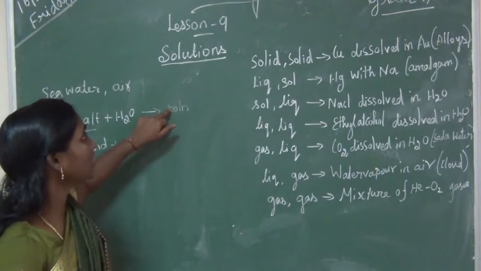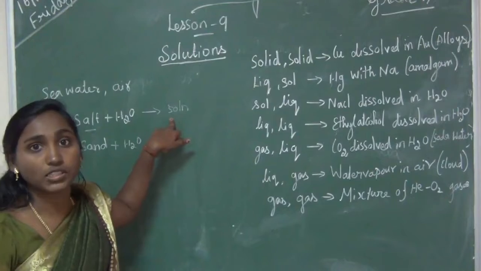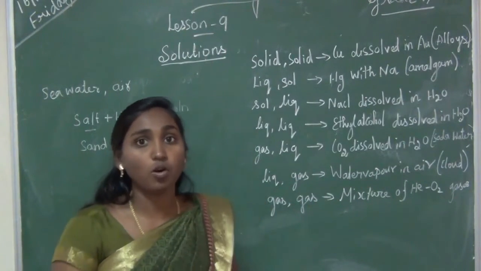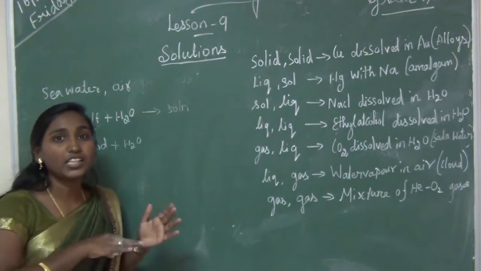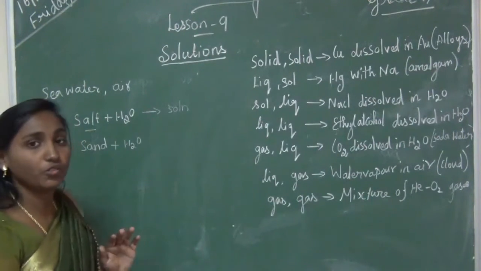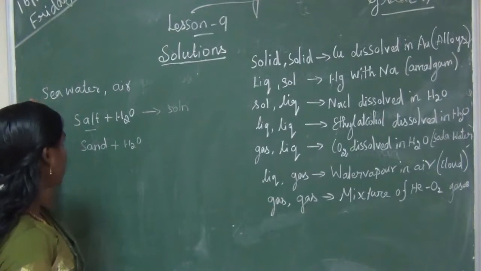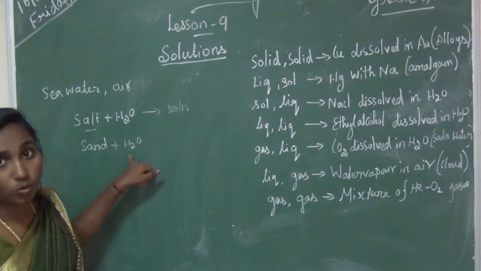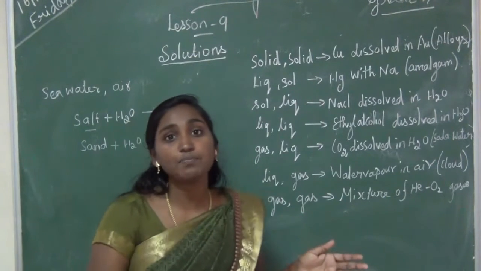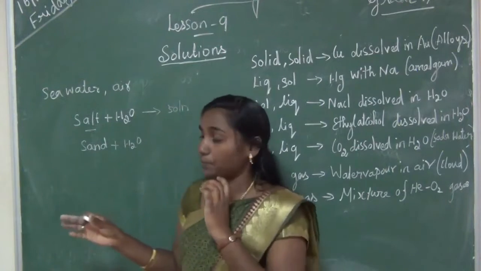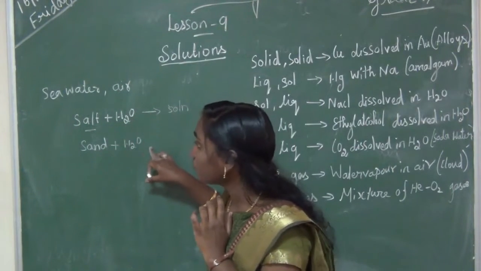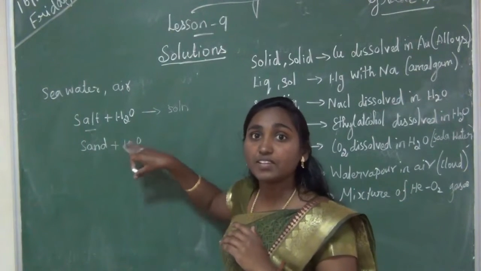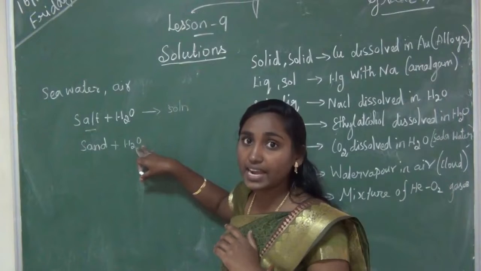This kind of homogeneous mixture is called a solution. Homogeneous means it spreads out uniformly. Which of these two mixtures can be easily separated? Sand and water, by the filtration method.